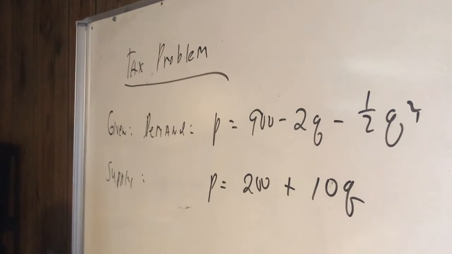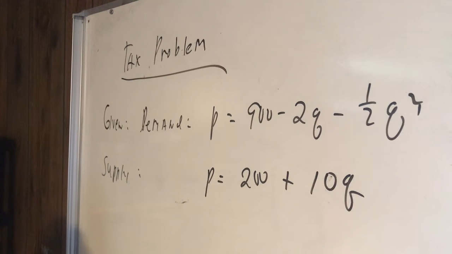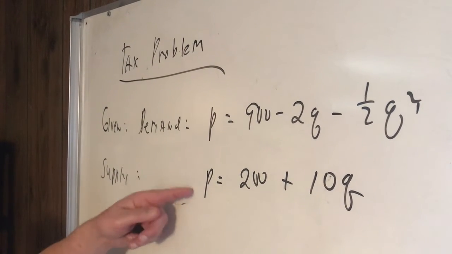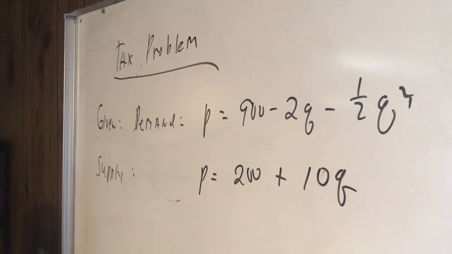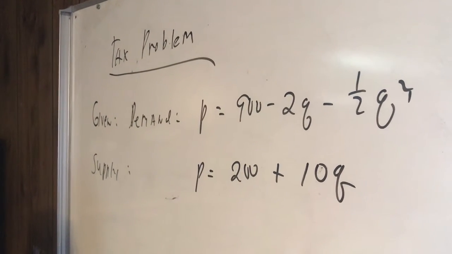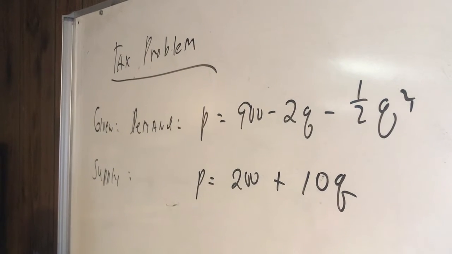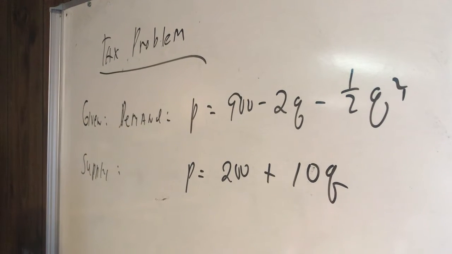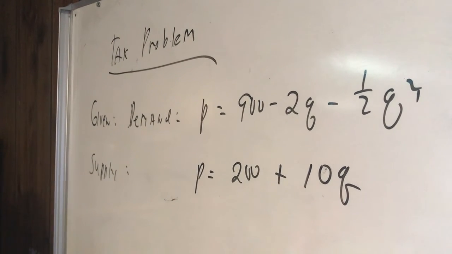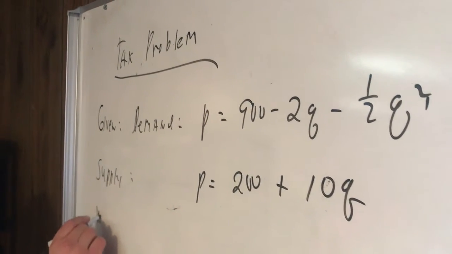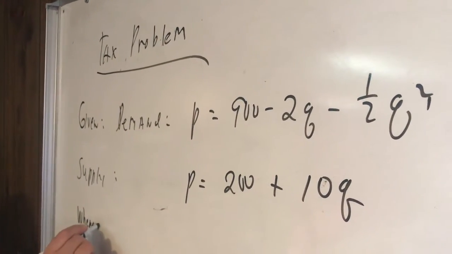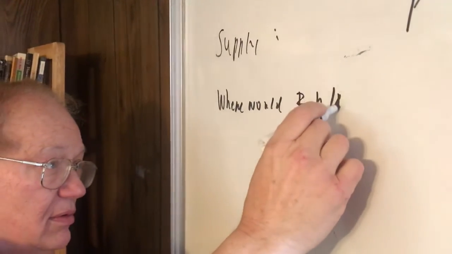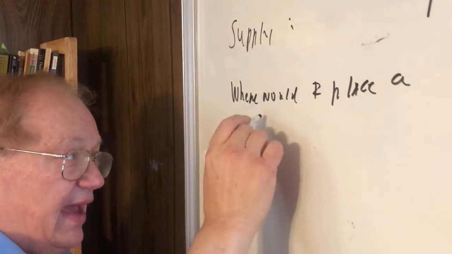2 minutes. All right, now if you remember at market equilibrium, we would let these two equal each other and find the Q and the P at market equilibrium, where everything started to settle down. Well, here we're interested more in the tax. So, asking you a question before we leave, where would I place a tax function?